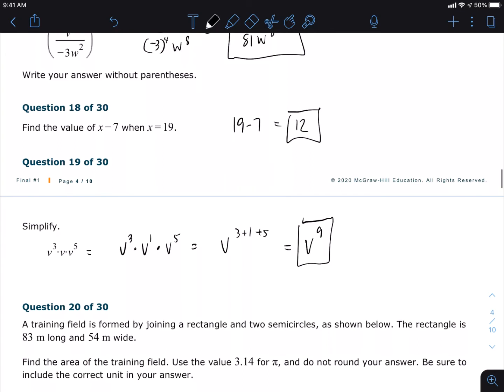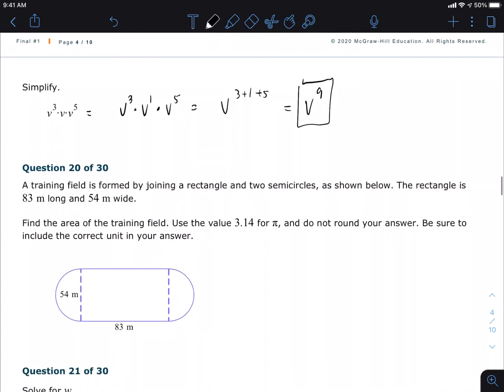All right, let's look at number 20. And this really isn't too bad in terms of being able to do this problem. So they're telling us to use pi to be 3.14. So what I'm going to do is I'm going to break this up, and what ends up happening is this is a half circle, right?